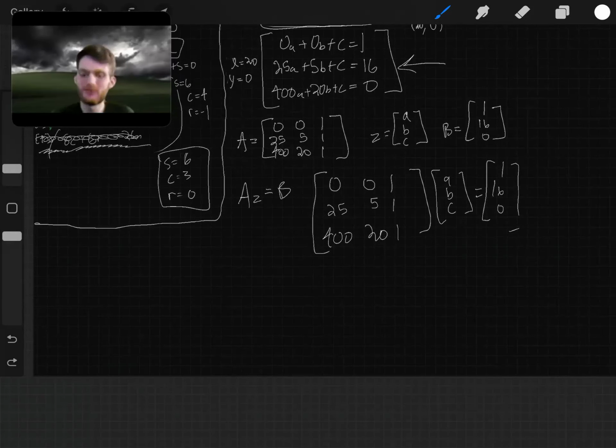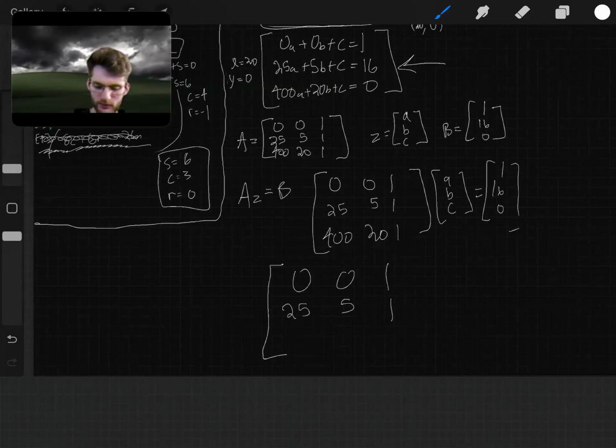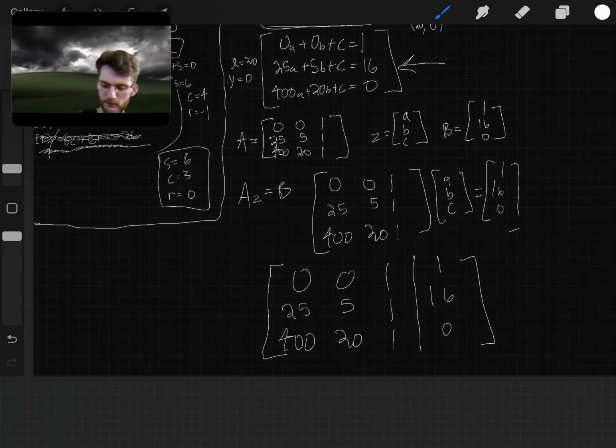You can represent the system of linear equations as an augmented matrix. So finally, I'm just going to write 0, 0, 1, 25, 5, 1, 400, 20, 1. I'm going to have a bar here to indicate the last column of this augmented matrix, 1, 16, 0.